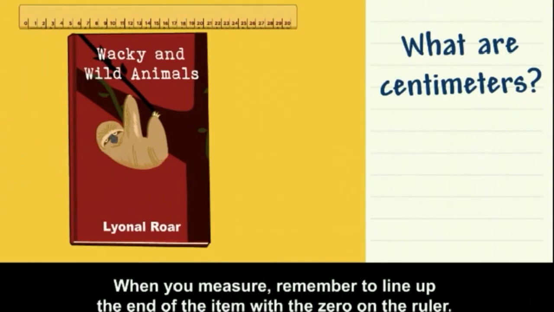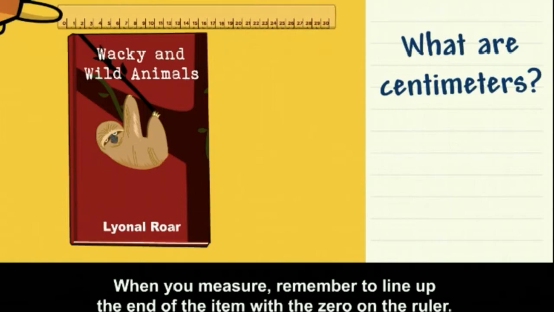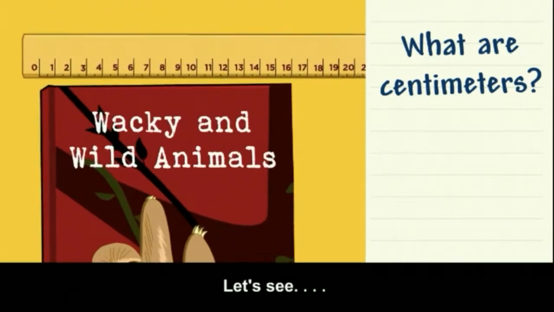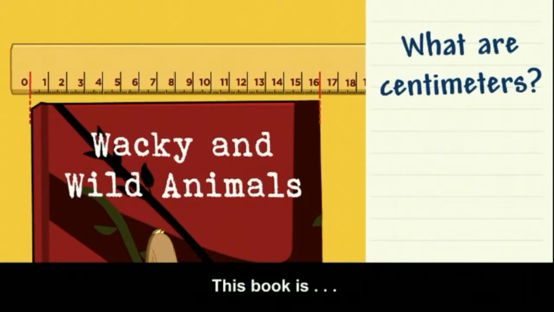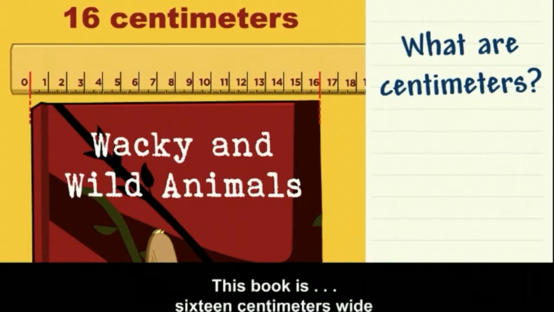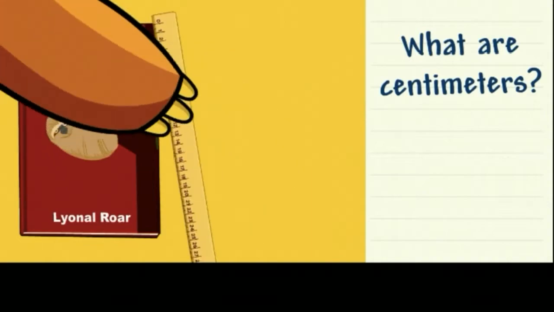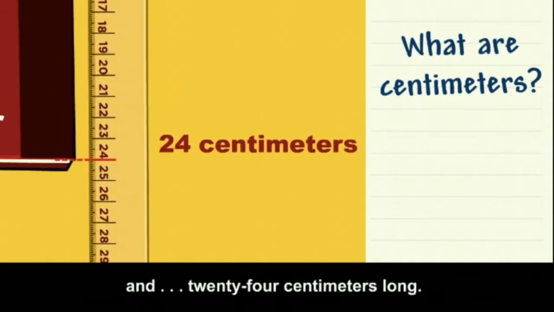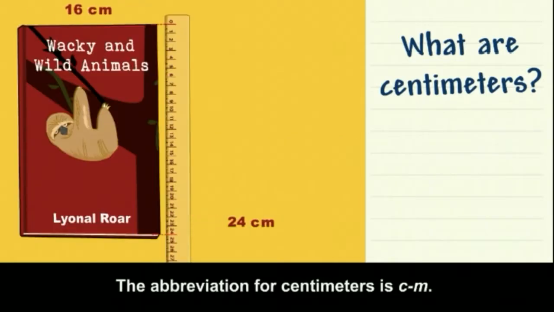When you measure, remember to line up the end of the item with the 0 on the ruler. Let's see. This book is 16 centimeters wide and 24 centimeters long. The abbreviation for centimeters is cm.